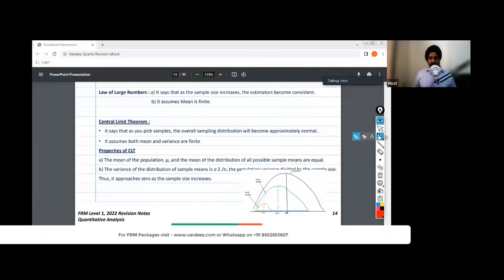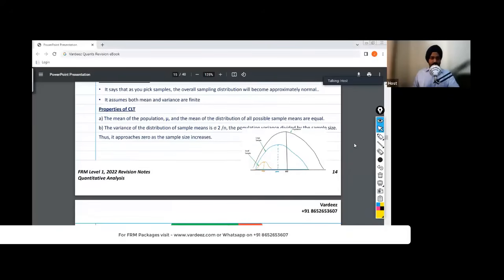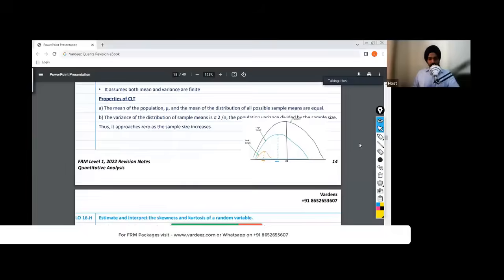As the n goes up, the denominator goes up, the overall expression comes down, so it becomes close to 0. So these are the two properties that you should know about the central limit theorem.